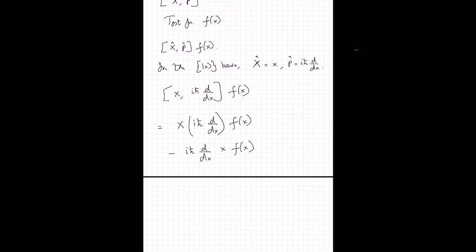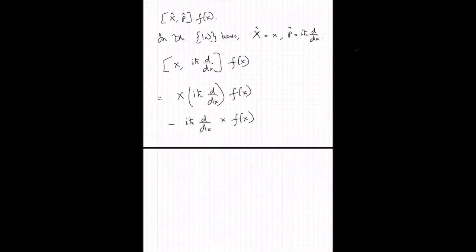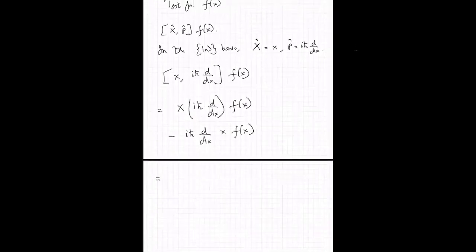The way you understand this is the x operator acting on f of x would give you the corresponding value of x times f of x. And now the d/dx will hit both the x and the f of x. So let us do this calculation. The first term is basically i h bar x df/dx. The second term is minus i h bar d/dx acting on x times f of x, which gives me two terms.